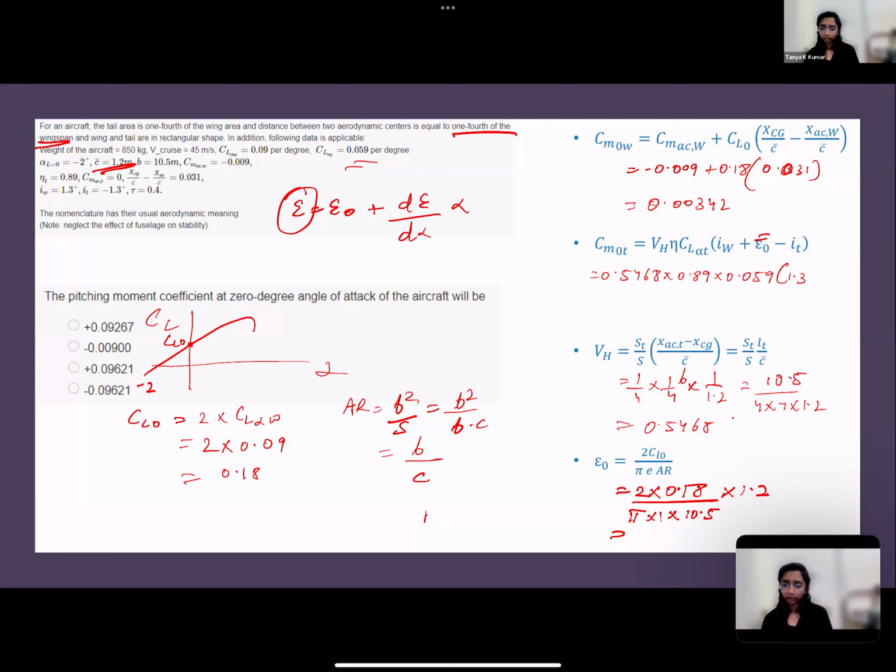Let's try doing it once. So what is the unit? 0.013. What is the unit? What is epsilon naught?